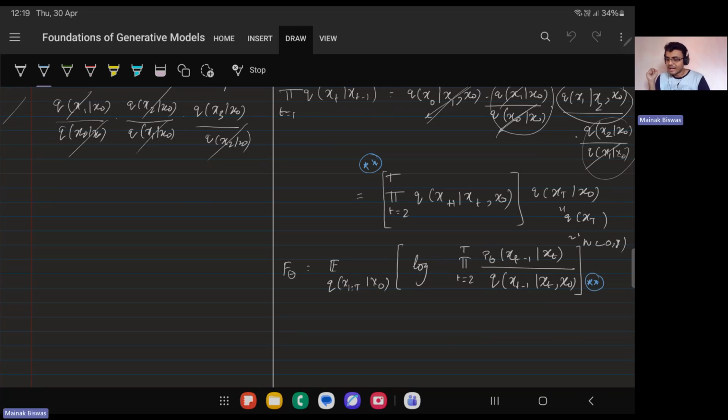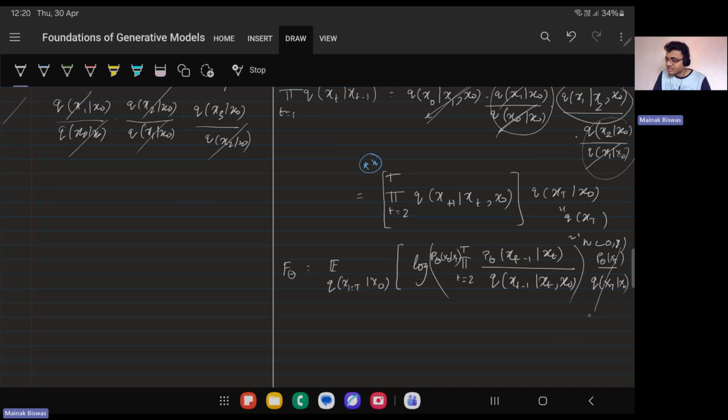So I put the double star back into the equation and I will have one term remaining, p theta of x0 given x1, right? And I will have q. So this is the log term. I have q of xt given x0 and I have p theta of xt, right?